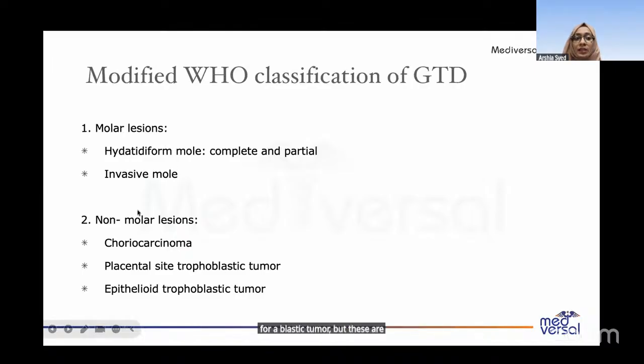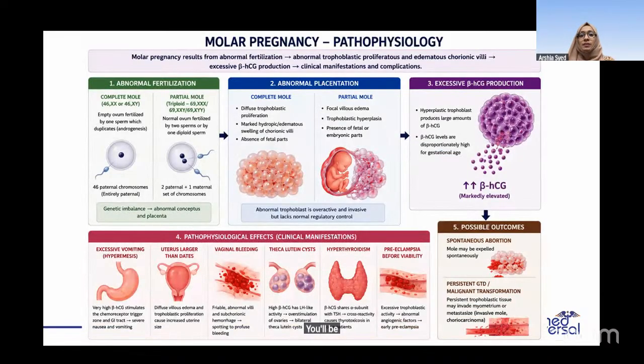These are malignant to semi-malignant lesions, the non-molar lesions. We'll be mainly dealing with the hydatidiform mole, the pregnancy-related non-malignant condition. So what leads to this molar pregnancy?